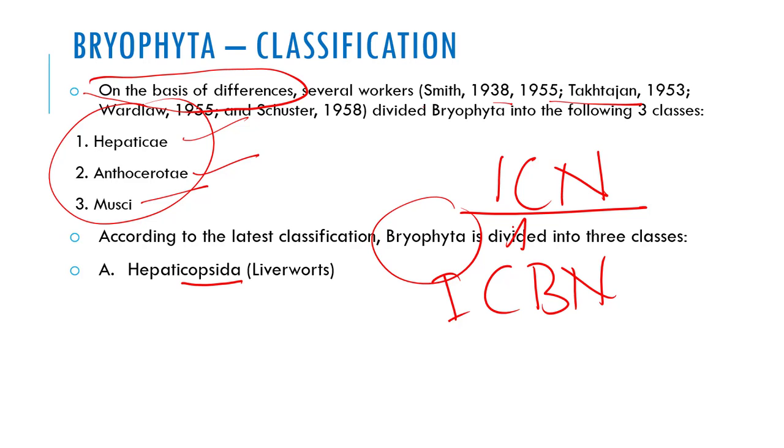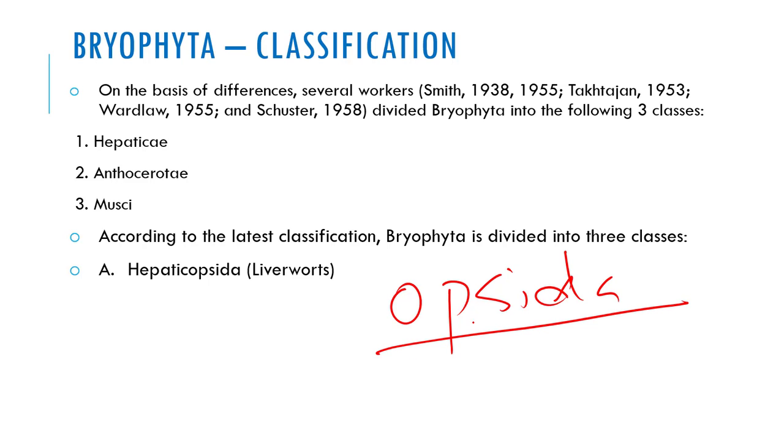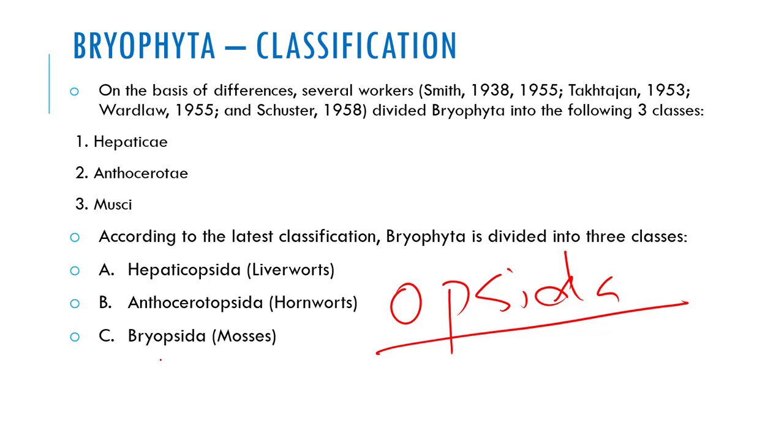The recommendation of this code is that Opsida should be added to the names of the classes of Bryophytes. So we have Hepaticopsida, the liverworts; Anthocerotopsida, the hornworts with Anthoceros; and Bryopsida, which is Musci in this particular case.